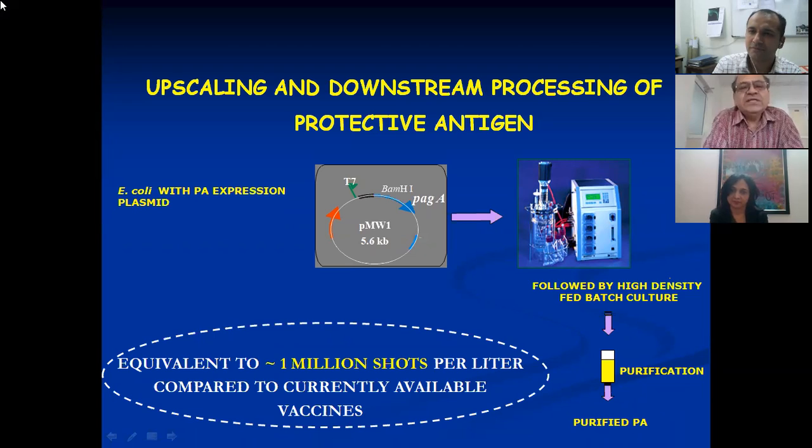So we transferred the technology and then we sent our students to make 5 batches of the vaccine under GMP conditions so that the product which they have made can go for toxicity testing in a company in Bangalore.